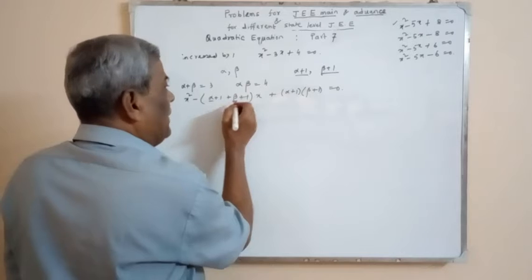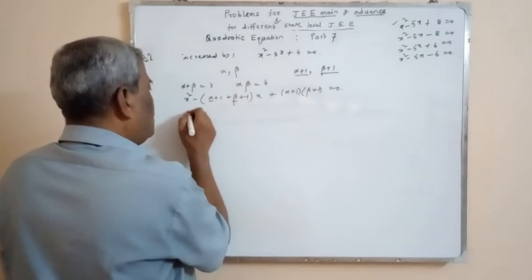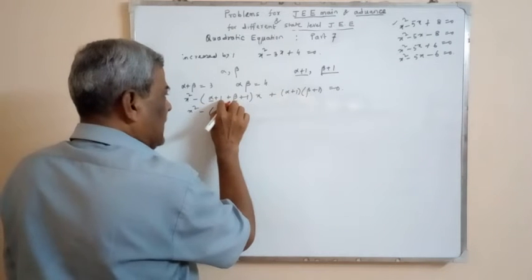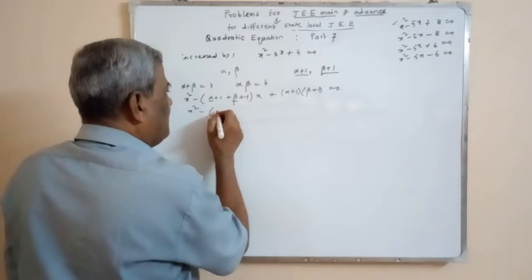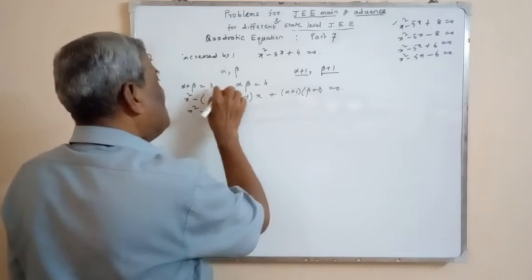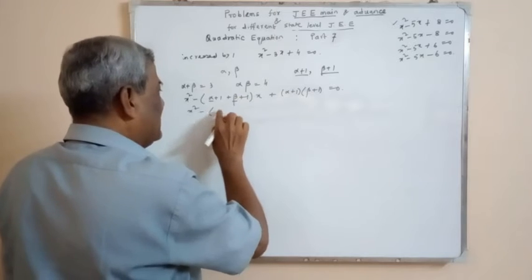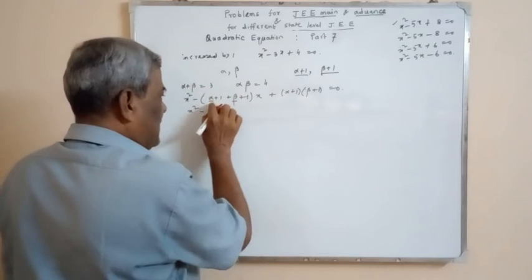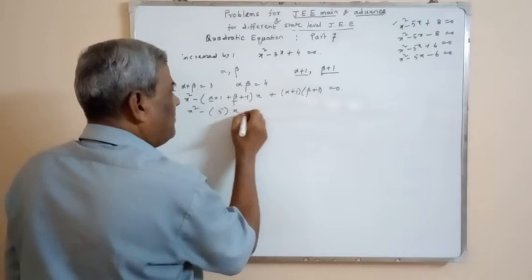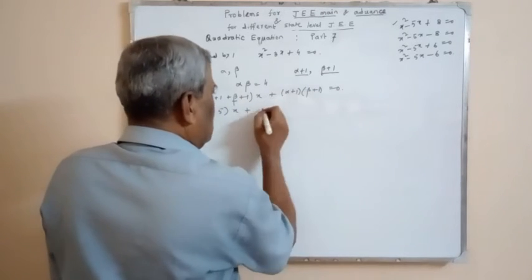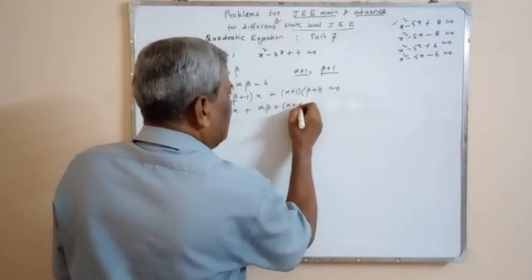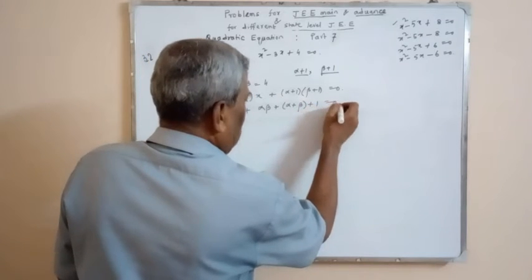Now alpha plus beta is, oh, sorry, very sorry, alpha plus beta is 3. So 3 plus 2 is 5, 5x plus the product of the roots, which is alpha beta plus alpha plus beta plus 1, is equal to 0.